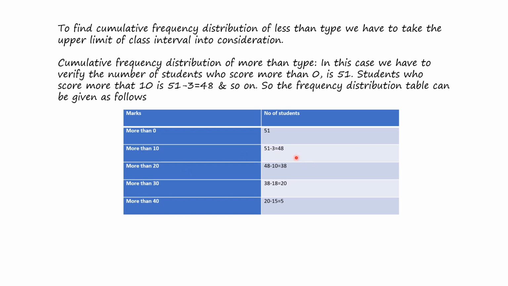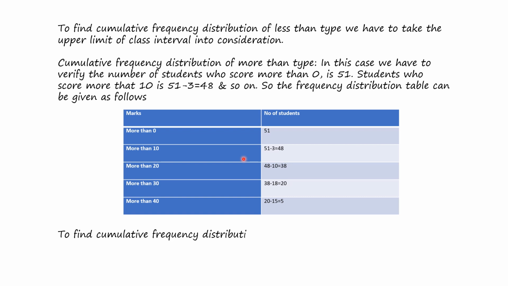More than 20 is 48 minus 10, so 38, and more than 30 is 38 minus 18. It is 20, and more than 40, it is 20 minus 15, which is equal to 5.